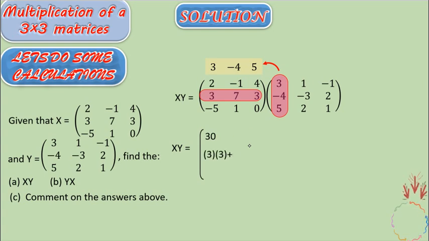If you do that, you have 3 times 3 plus 7 times minus 4 plus 3 times 5. When you add all this together, 9 plus 15 gives us 24, minus 28. That will give us the final answer in row 2, column 1, which is minus 4.